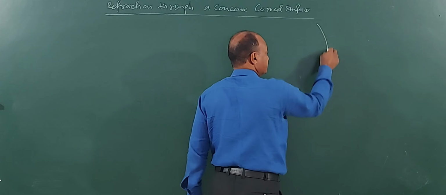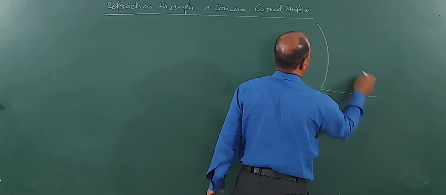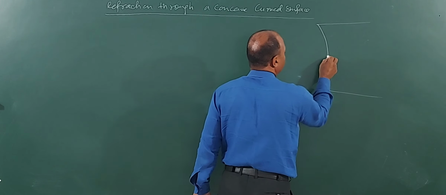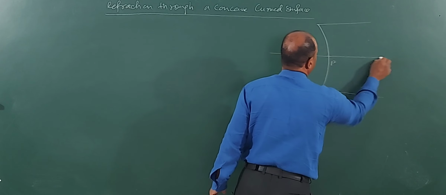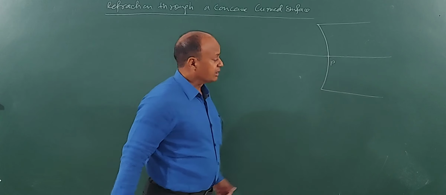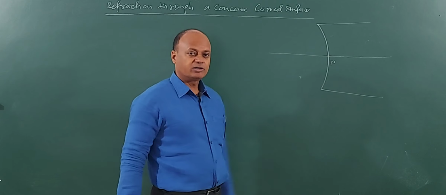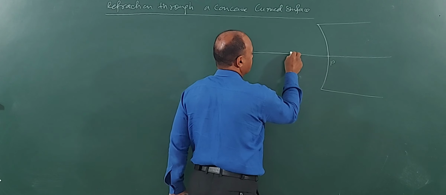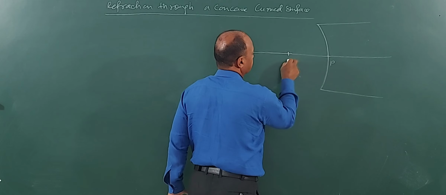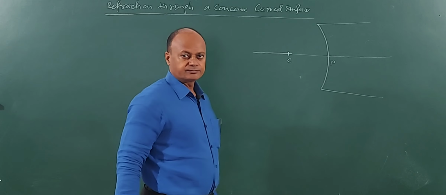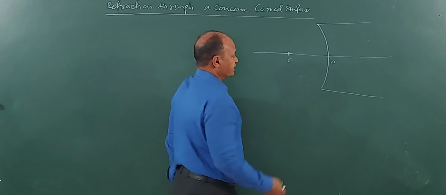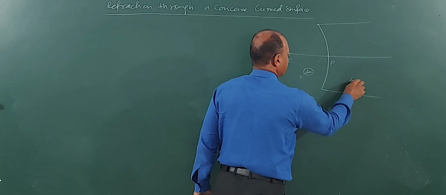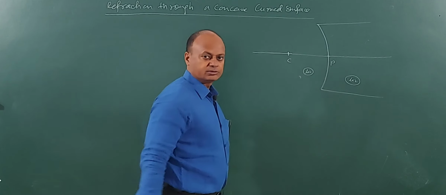So here we have a concave curved surface. This is pole P. Obviously you can see that the center of curvature will be lying on the left. So suppose the center of curvature is here, C. The refractive index of the surrounding medium is mu1 and that of the refracting surface is mu2.